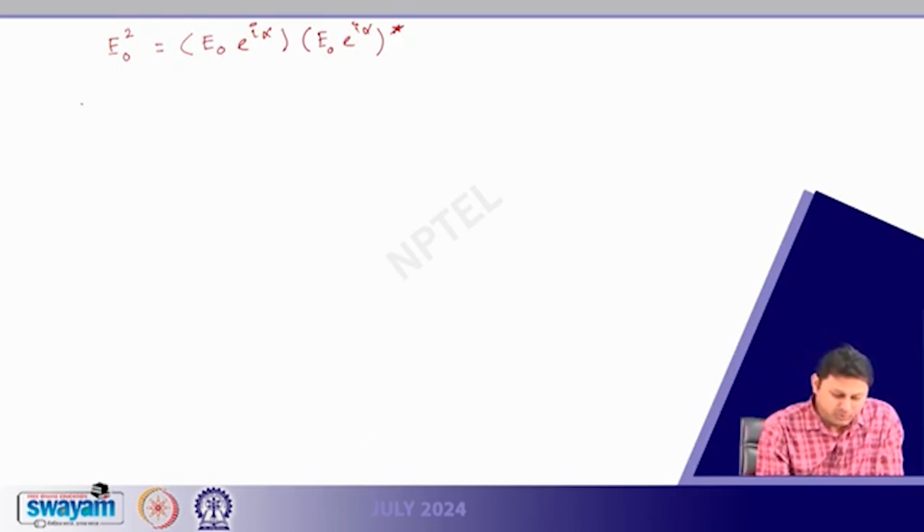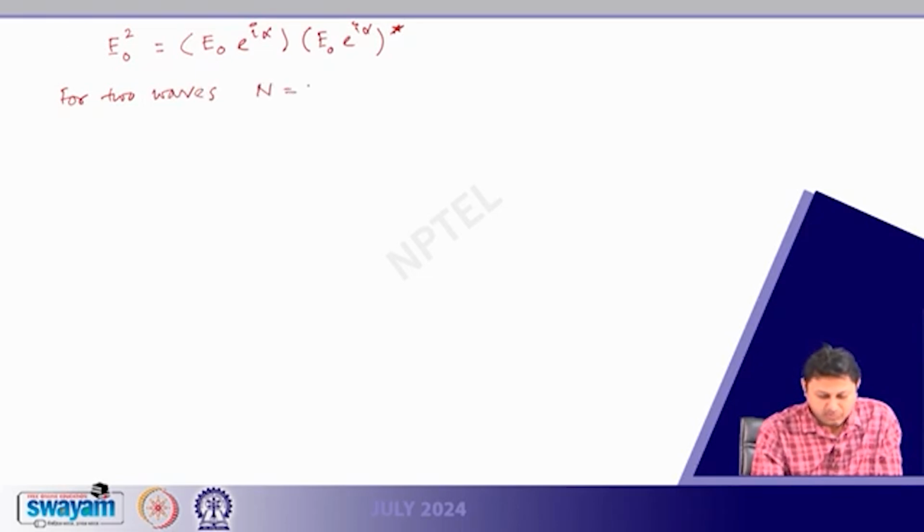So for two waves, let us do it for two waves. For two waves, we have n equal to 2.